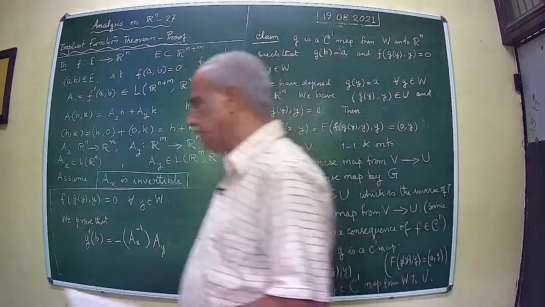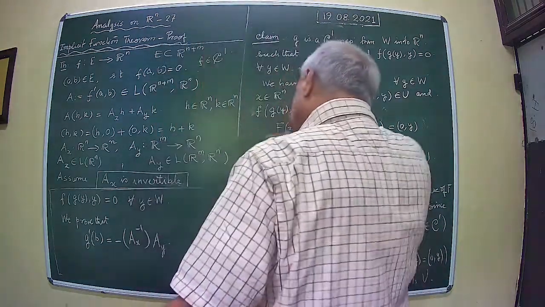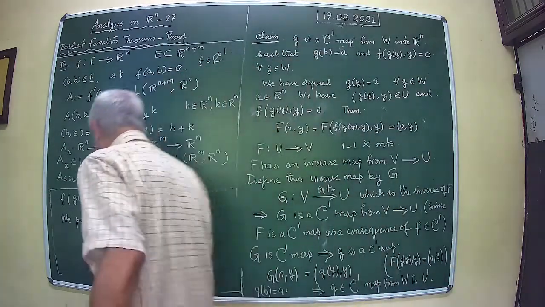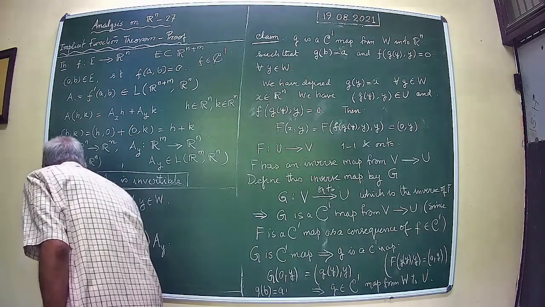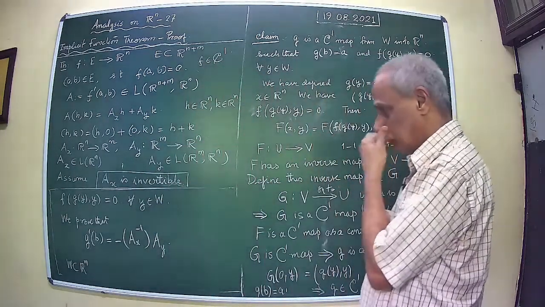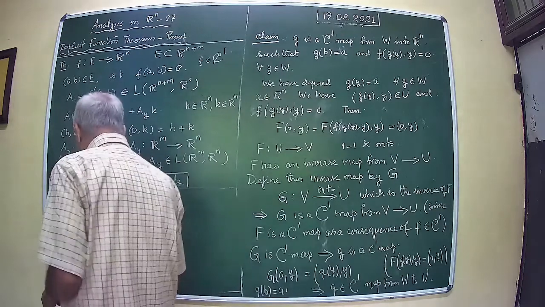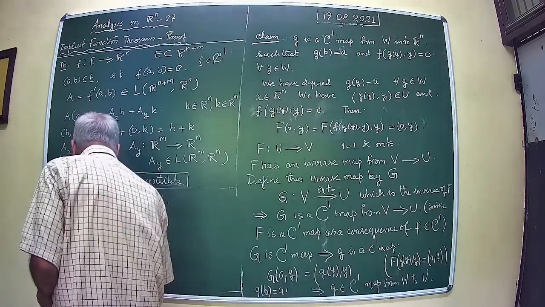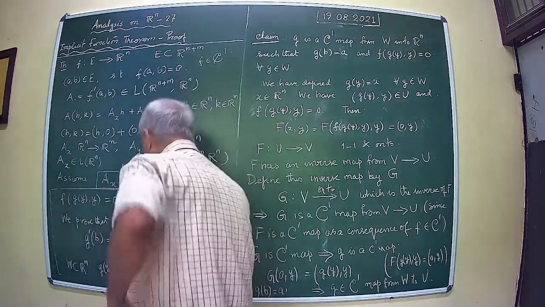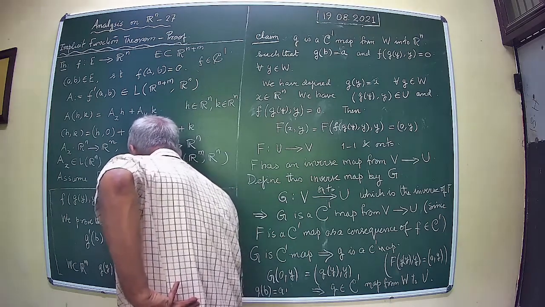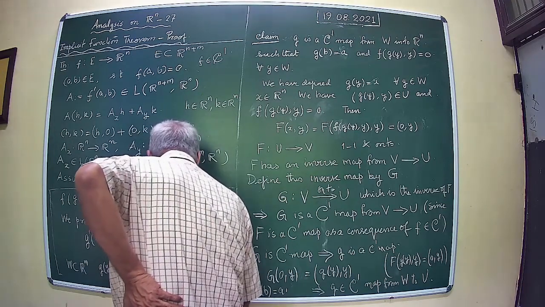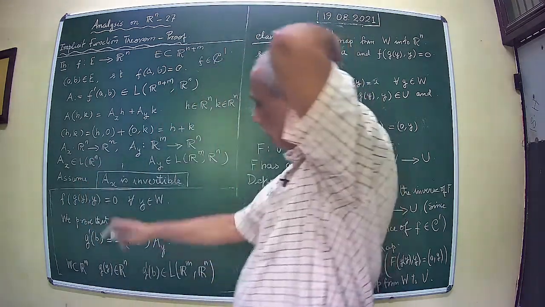Okay, so G dash B is from where to where. Now you see that W is a part of Rn, and G is a map from, so GY, therefore what we call the G dash at B belongs to R. First check whether this is true.